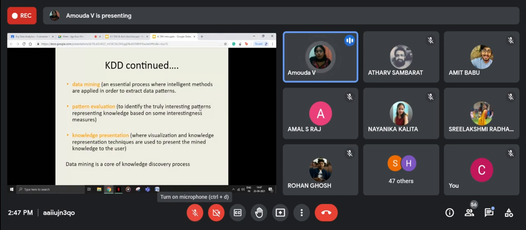Interestingness measures include, for example, how frequently the items are formed in a pattern. We'll see that; you may not understand it now, later you will. Students, again I'm telling you, we are not going into the algorithm, how it does all those things. We just read the algorithm and how data mining is carried out.